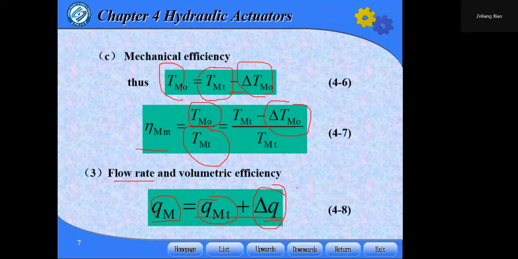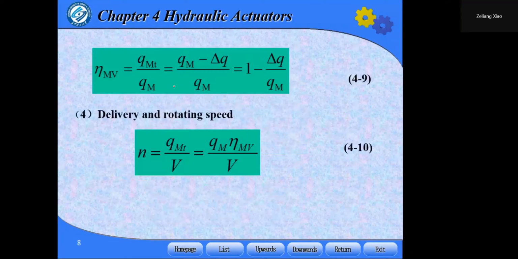The volumetric efficiency is in this form.